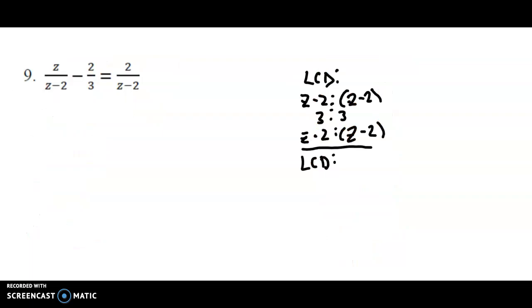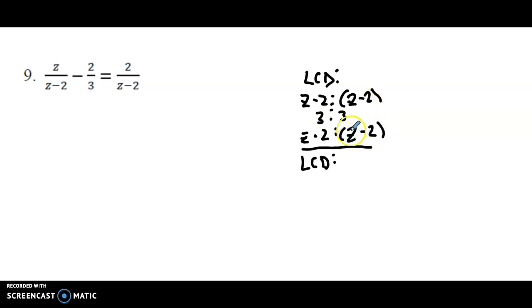All right, number 9, we have binomials here. So finding the LCD is a little bit more complicated, and I've kind of started the process here just for you to watch. You can certainly pause the video and copy this down if you want. When we're looking for the LCD, we have to factor each of the parts, which I've already done. And then we look for ones that are common to each of them.